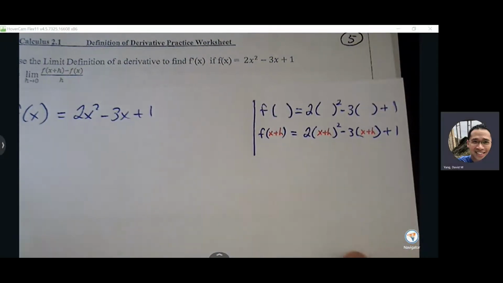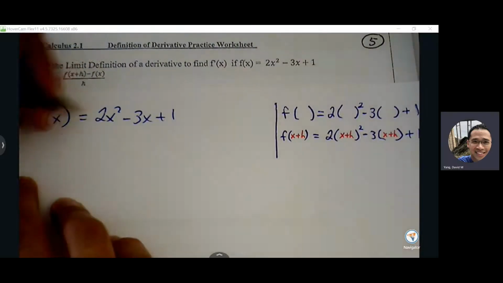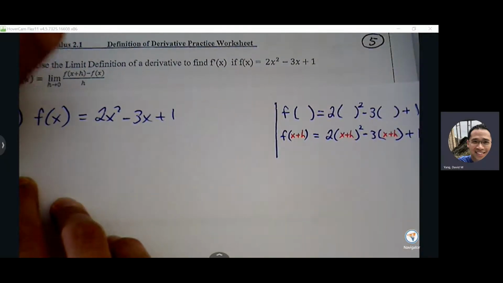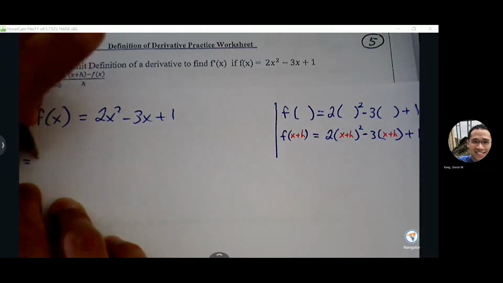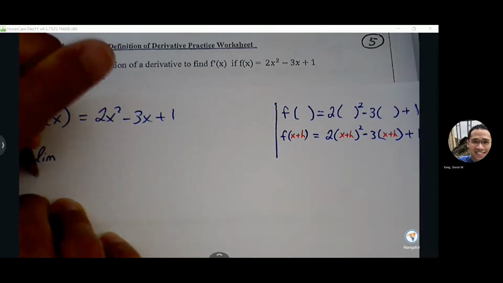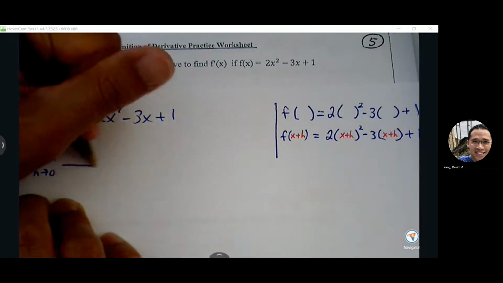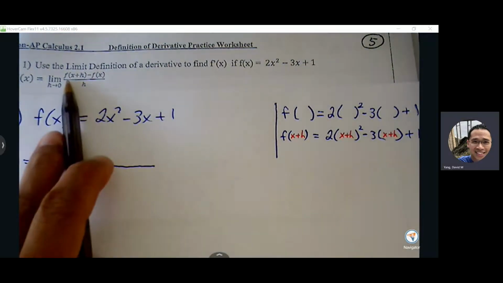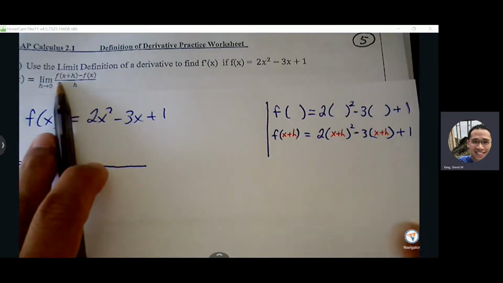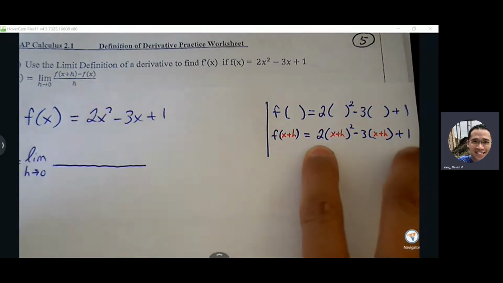All right, so now we can start building our limit definition. So now I have a perfect replacement for f of x plus h. It's this entire expression here.